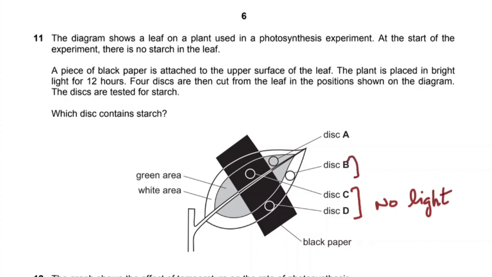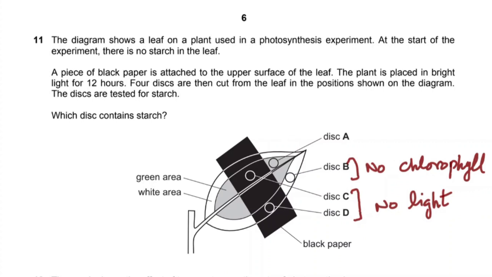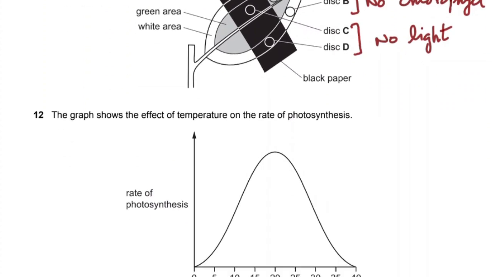B is the disk which is in the white area. It means no chlorophyll, because if there is no chlorophyll, then photosynthesis will not occur and no starch is produced. So A is the right answer, because here photosynthesis occurs, it's in the light, it has chlorophyll, and then starch is produced in disk A.